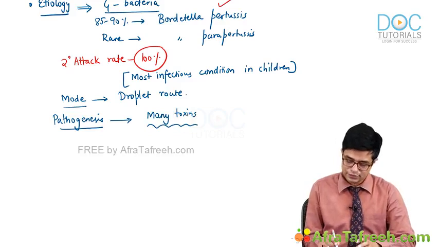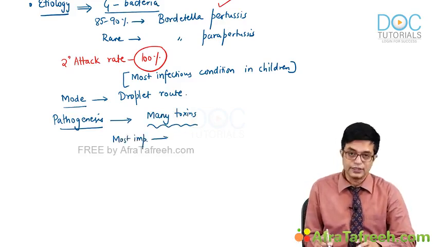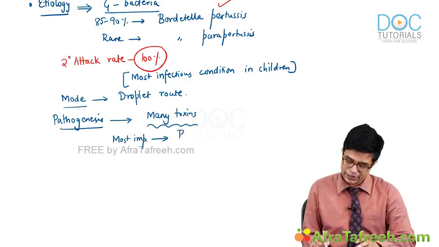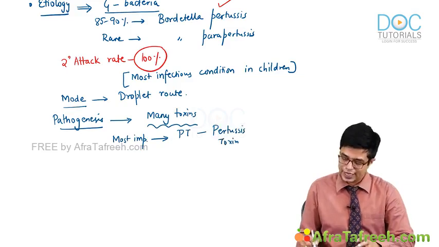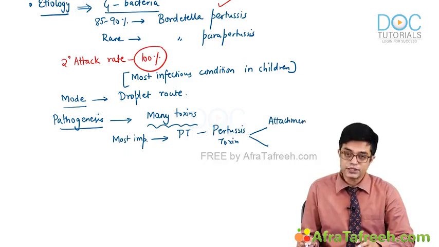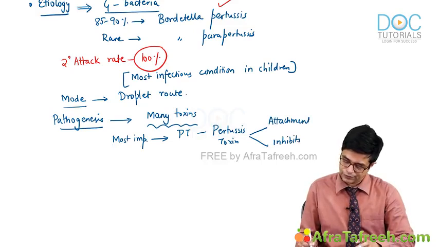Among these toxins, the most important toxin involved in pathogenicity is PT, which stands for pertussis toxin. This pertussis toxin helps the bacteria in attachment to the epithelial surface, and it also inhibits phagocytic function.